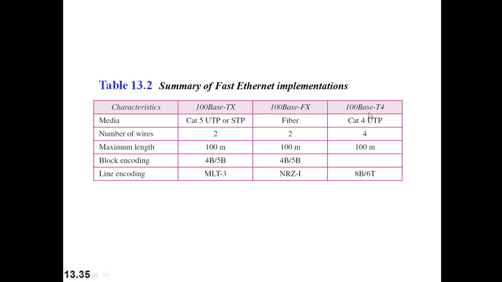In case of 100 base T4, we are using category 4 UTP. Number of wires required is 4, that is a 4 wire implementation. The maximum length of this cable is 100 meters. We are not at all using a block coding mechanism in case of 100 base T4. We are using a line encoding mechanism, that is 6 binary/6 ternary.